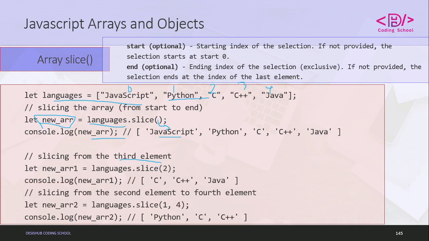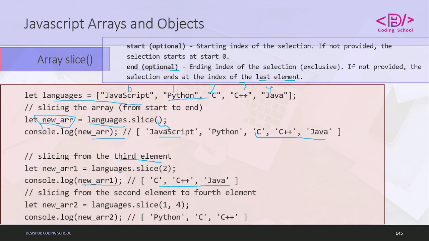If you don't indicate the end argument, it will continue up to the last element. So slice 2 means slice all elements starting from index 2. And you can see if you console.log new array 1, it outputs these 3 items.